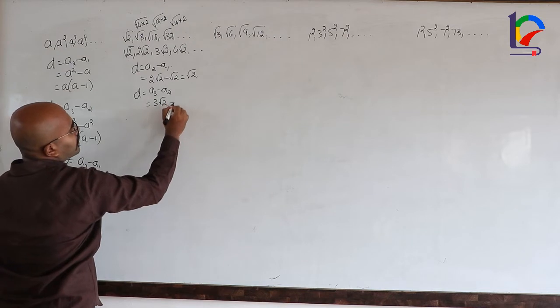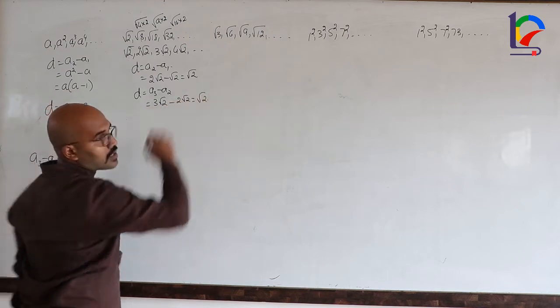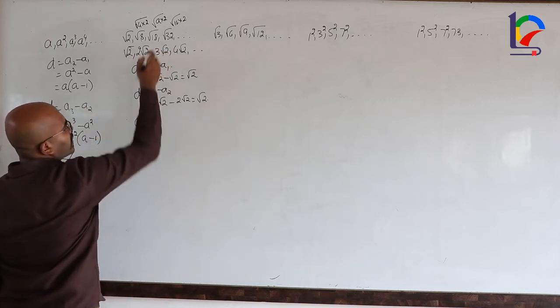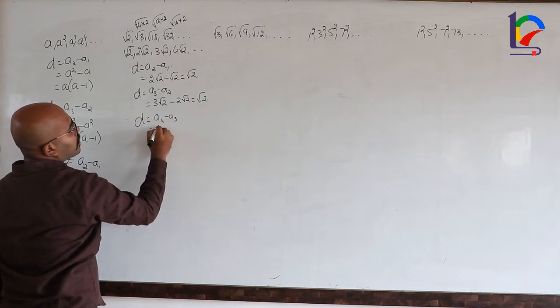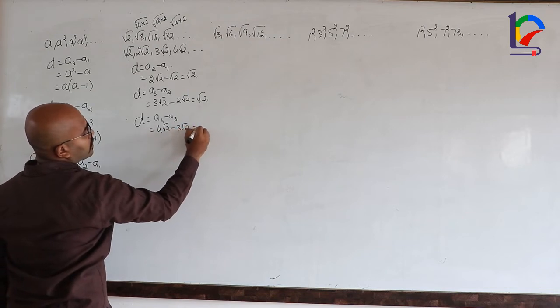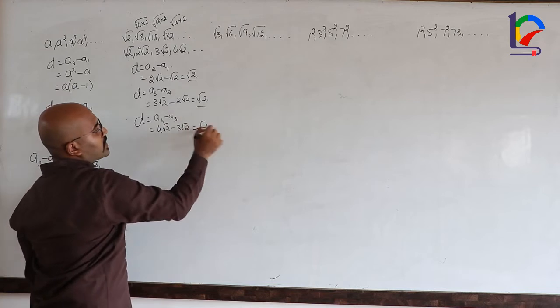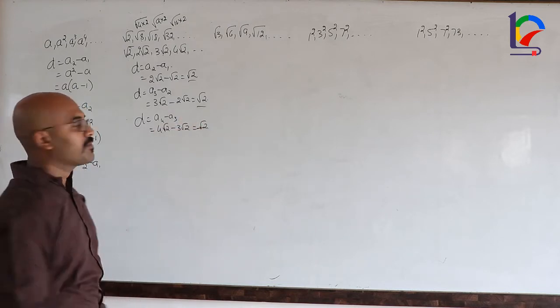What is a2? 2 root 2. So it is root 2. Next, a4 minus a3. What is a4? 4 root 2. What is a3? 3 root 2. It is root 2. In all the cases, the common differences are the same. Hence, it forms an AP.